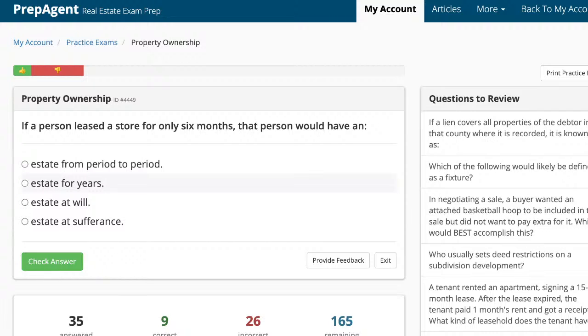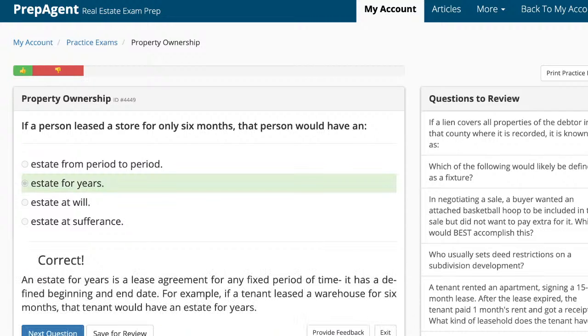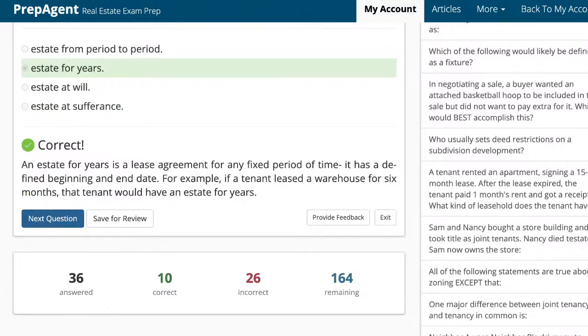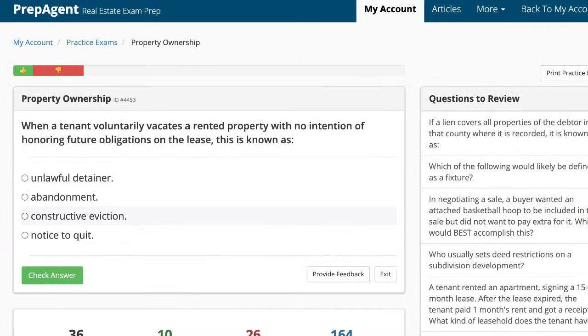Okay, the answer is B, estate for years. Okay, moving right along. Remember, estate for years is when you rent something for a defined period of time.